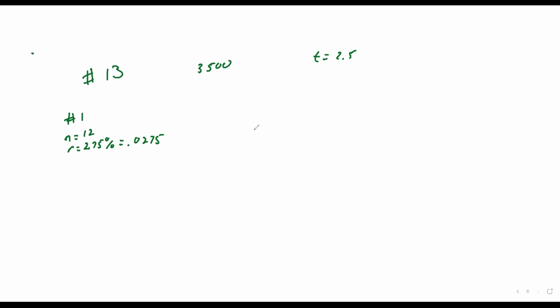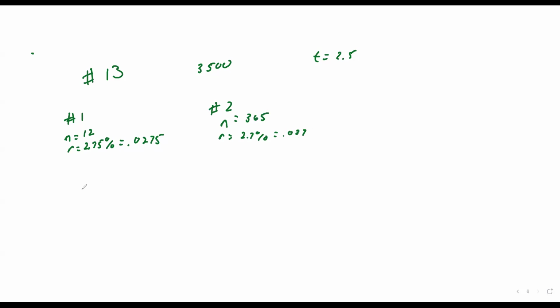And another bank offering, we'll call this bank number 2. Another bank offering of an annual interest rate of 2.7. So here's my N, here's my R. So 2.7% would be 0.027 compound daily. So that's 365 times per year. Which bank should she choose?